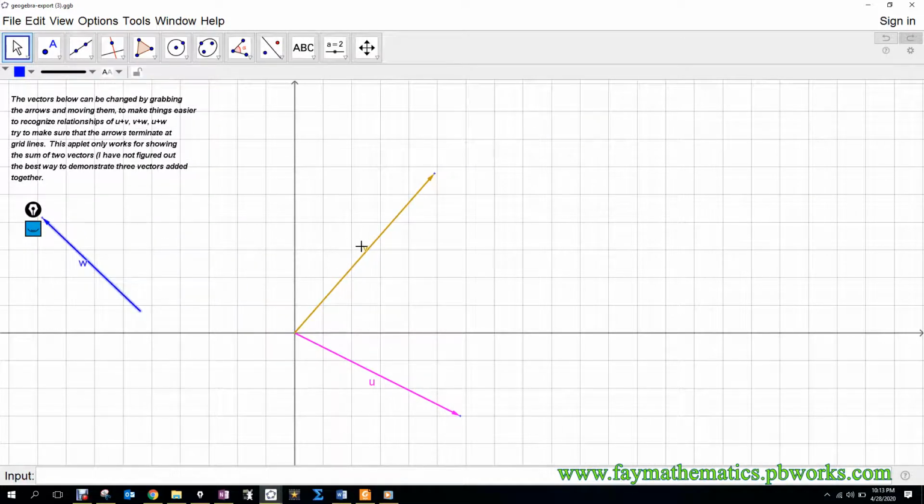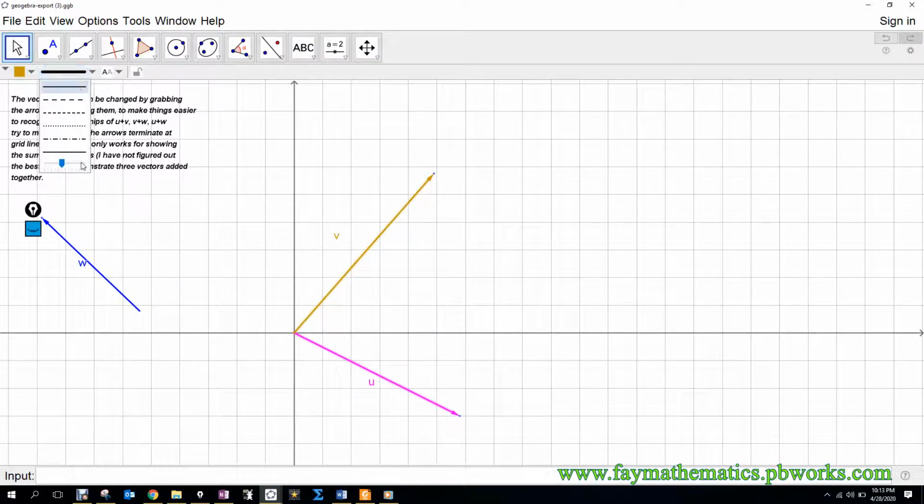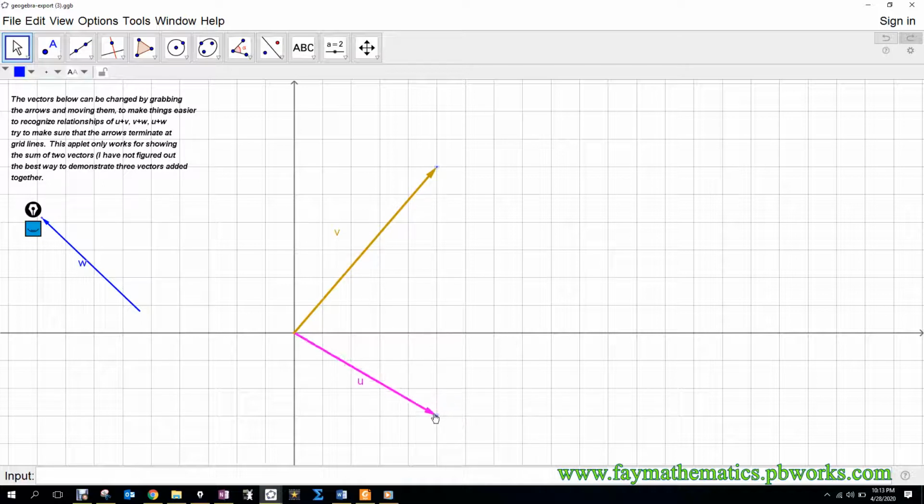So let's just say I've got these two vectors here. Don't even worry about W. I've got U and V here. What we're going to be asked pretty soon, probably in the video on Friday, is can we algebraically add these two vectors together?